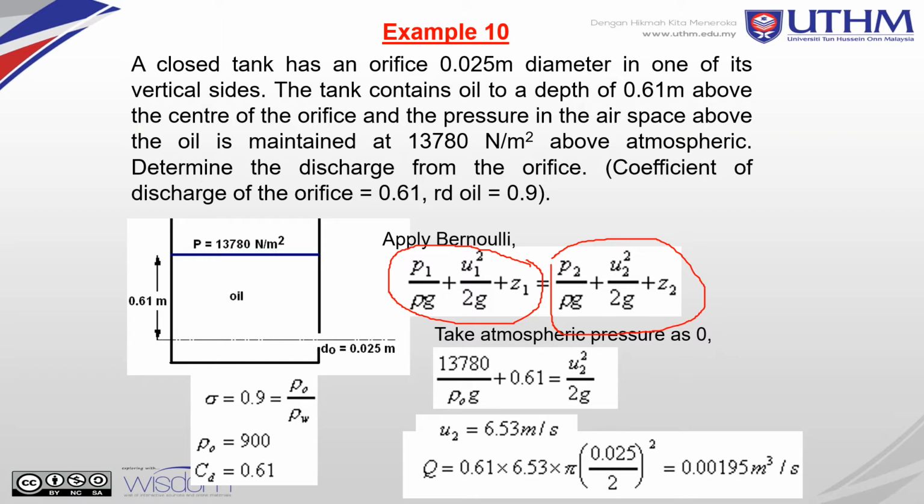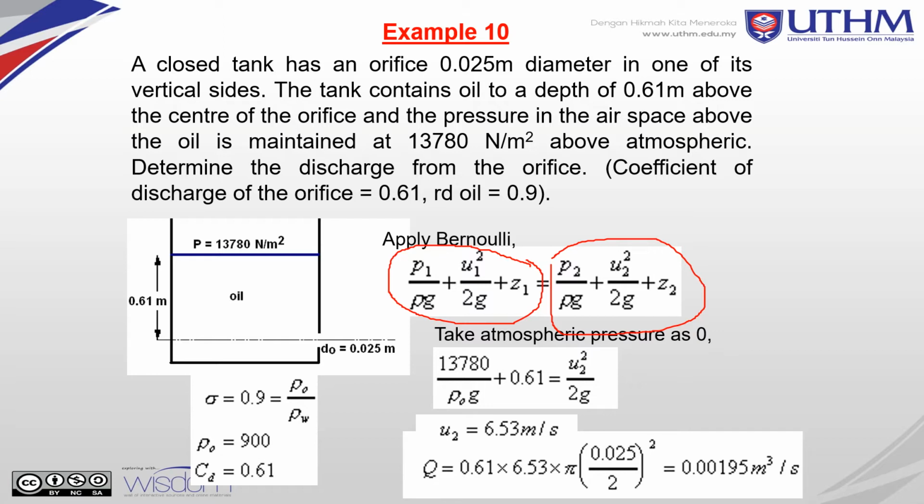And V1 is the velocity at 1. Z1 minus Z2, we get the 0.61 here. So we just have the velocity V2 at the orifice, and we get the velocity at this orifice of 6.53 meters per second.